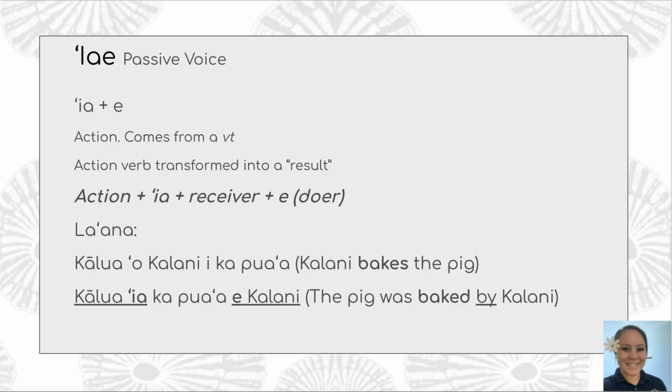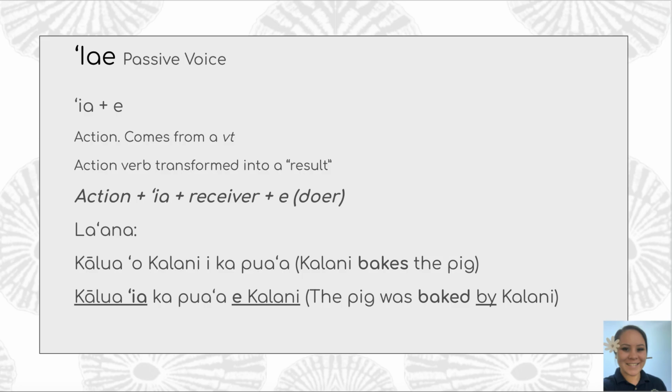Okay, so let's go into the next sentence structure, the ei, or passive voice. Ei really is put together, a combination of the word ia as well as e. Ia and e. Ei sentences are again action sentences, and they come from the transitive verbs.